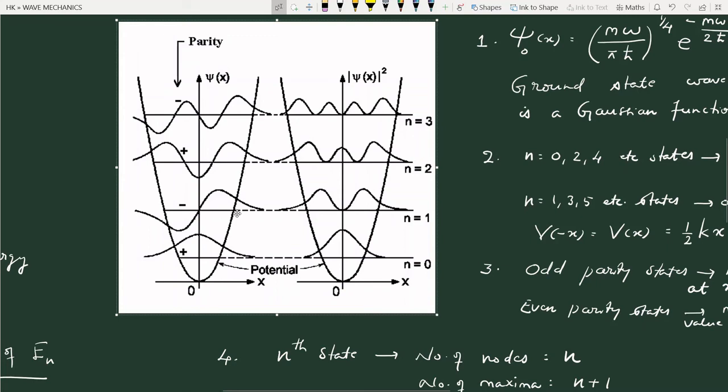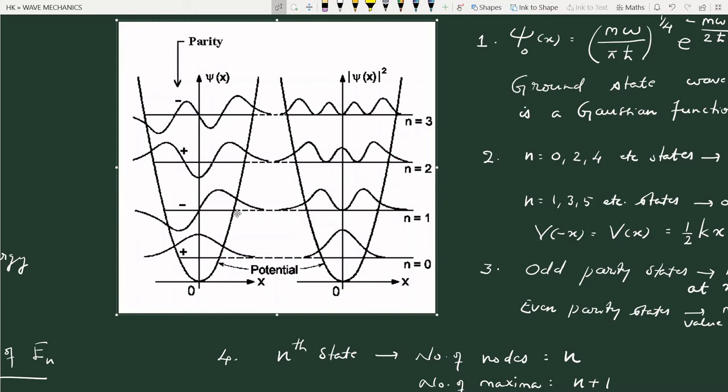Potential energy is greater than total energy, which means that kinetic energy is negative. This is not allowed. So these are called classically forbidden regions, where the position is beyond the turning points. A classical oscillator cannot go beyond the classical turning points.